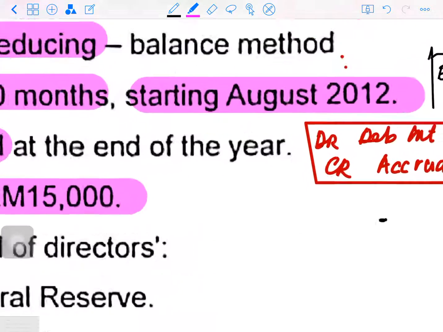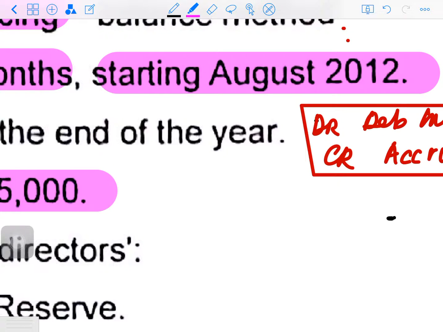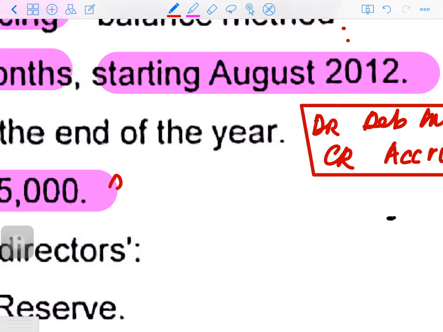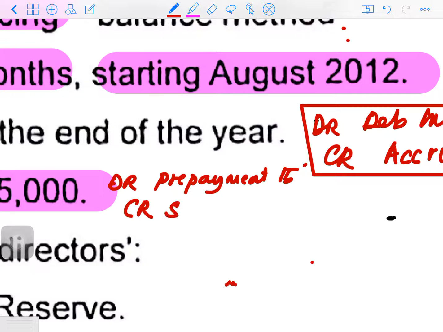So double entry for prepayment will be debit prepayment 15,000 and credit salary and wages.